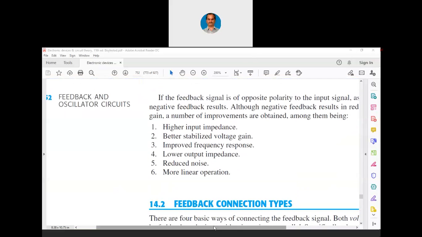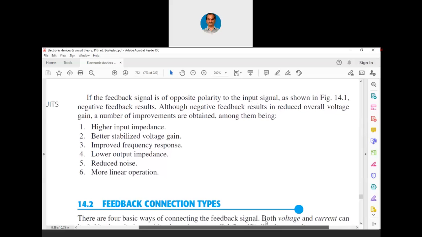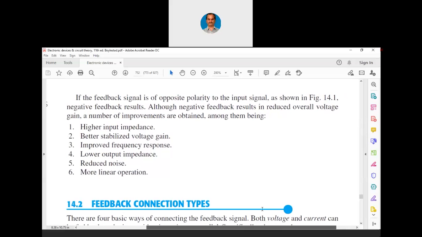Now I am showing you something that is listed in the textbook. You can see this here now. If the feedback signal is of opposite polarity to the input signal as shown in the above figure, negative feedback results. Although negative feedback results in reduced overall voltage gain, a number of improvements are obtained.